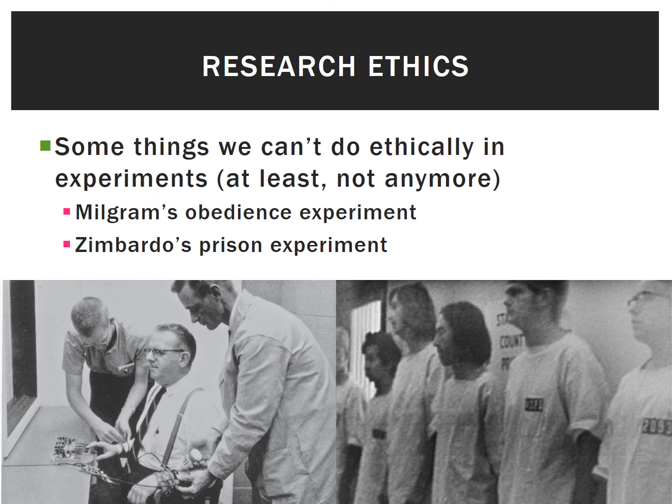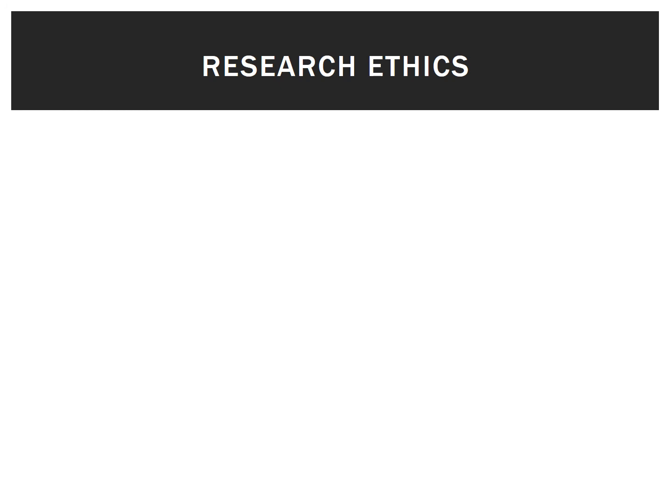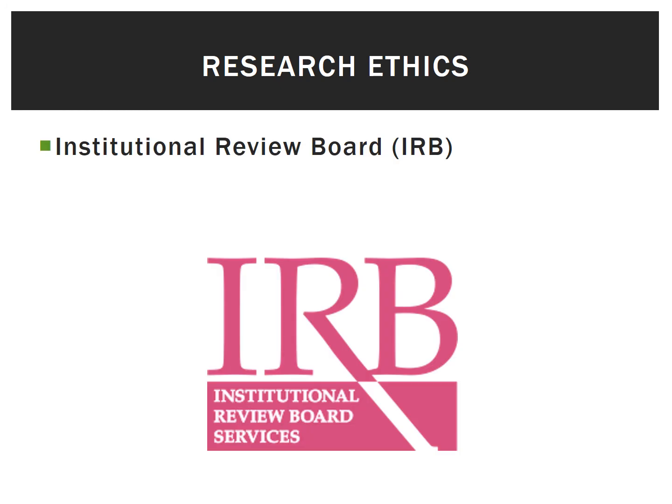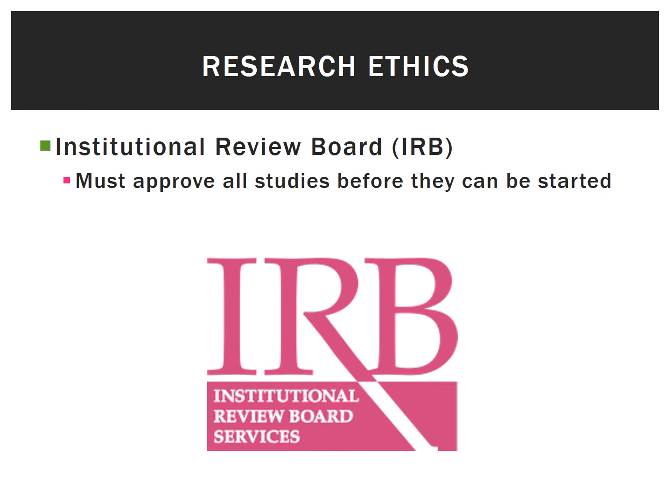Neither of these studies put actual people in physical danger, but psychological danger is also something we care a lot about in psychological research. Now, one of the reasons those 2 studies cannot be repeated now, even though they were done in the 60s or 70s, is that now we have an institutional review board, or an IRB, whose job is to approve all psychological research studies before they can even be started. So the IRB is something that was constructed partially in response to unethical studies like Milgram and Zimbardo.